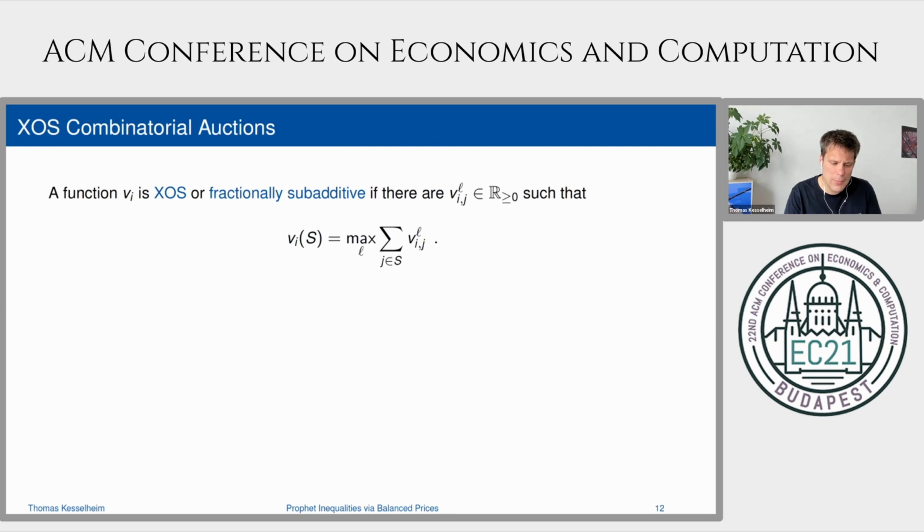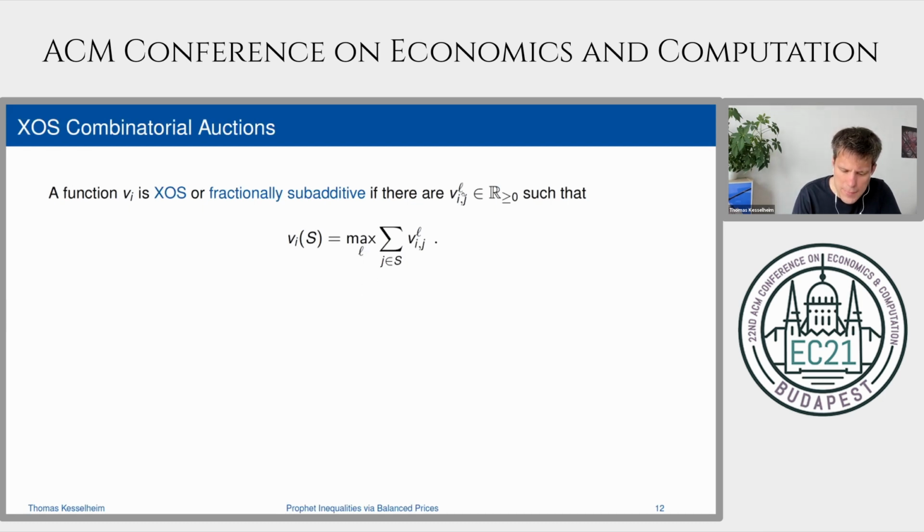valuation functions. What we'll now first assume is that these are XOS or fractionally subadditive functions. What are XOS functions? They are defined like this, but I'll have a few examples in a second. A function is XOS if it is a pointwise maximum over additive functions, which means the following.